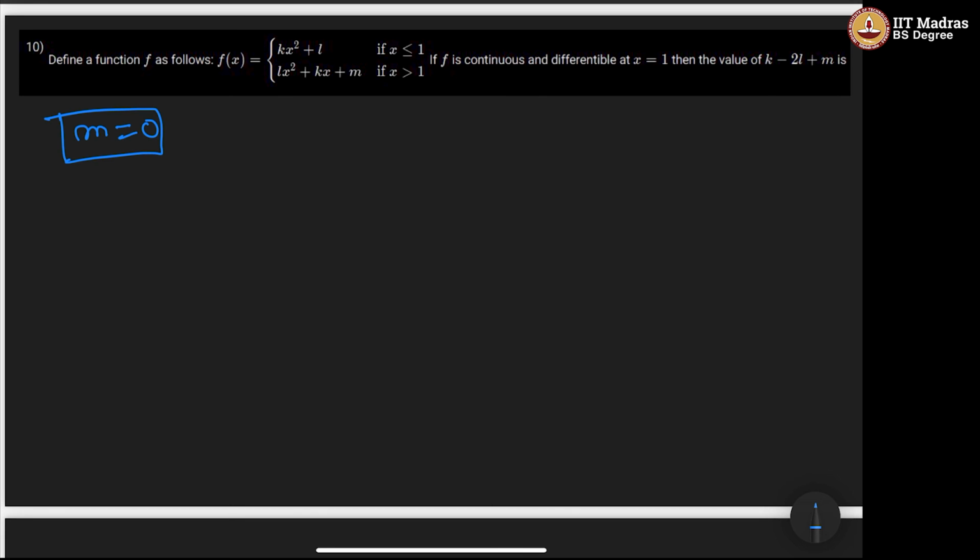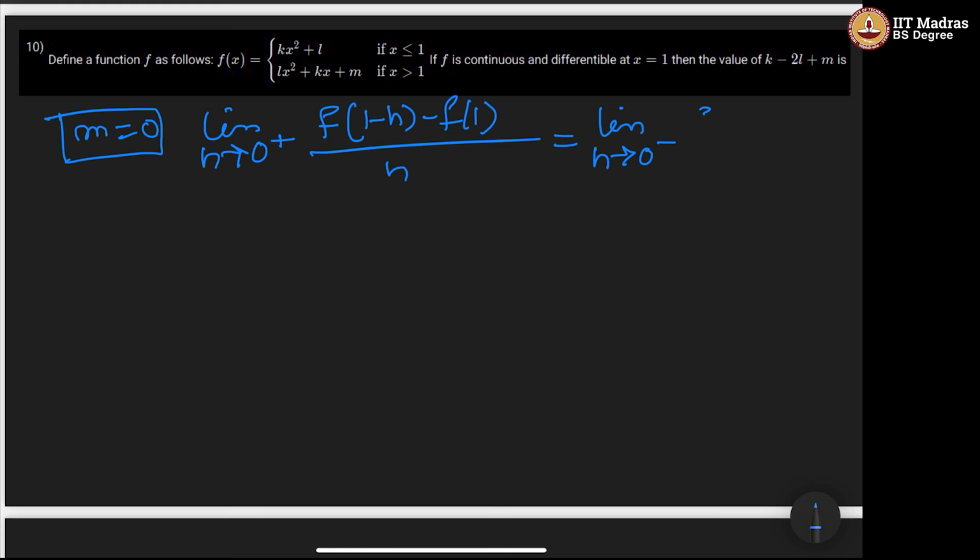Now we also have that f is differentiable at x equals 1, right? So we will apply the definition. If it is differentiable, then the limit h tends to 0 plus of f(1 minus h) minus f(1) by h will be equal to the limit h tends to 0 minus of f(1 minus h) minus f(1) by h, right?